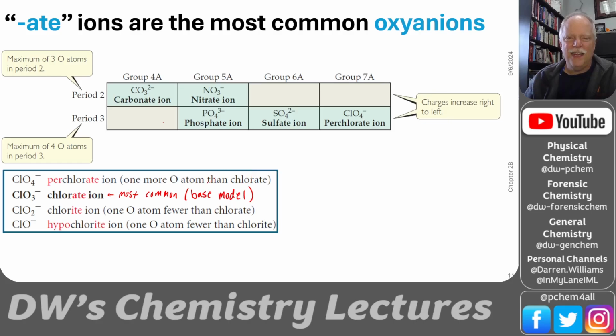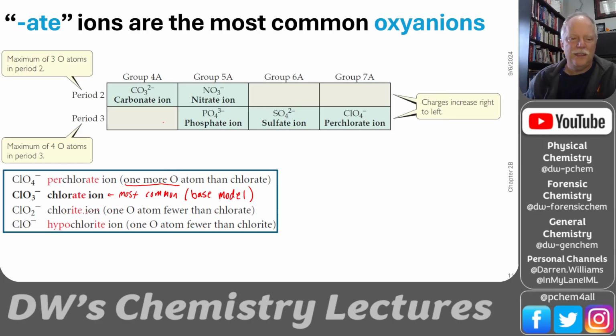It's kind of like you go and buy a car, you buy the base model. It's got all the features, but not all the fanciest features. The perchlorate has one more oxygen in it. So it's per-chlorate. And it's been upcharged a little bit. It's got leather seats, okay?